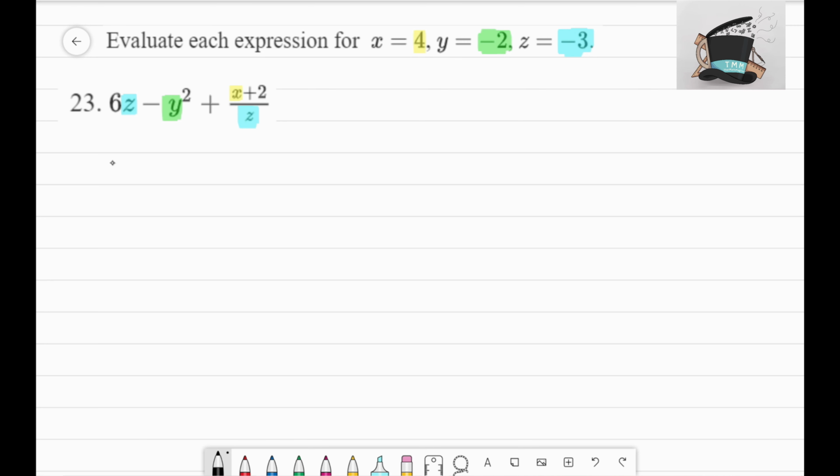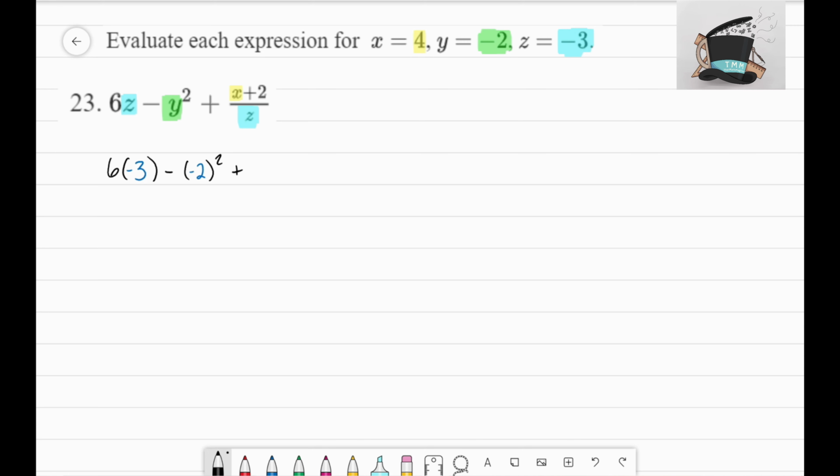So I have 6z. Well, we know that z equals -3, so I'm going to change z to be -3. We have minus y squared, but instead of writing y, I'm going to write -2 because y equals -2.